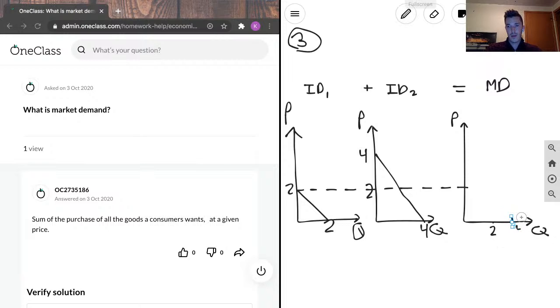So that would look, so I believe, oh, sorry, this should actually be a larger number. So we may have 2, 4, and 6, and I believe it would be a kink demand curve, something like that.